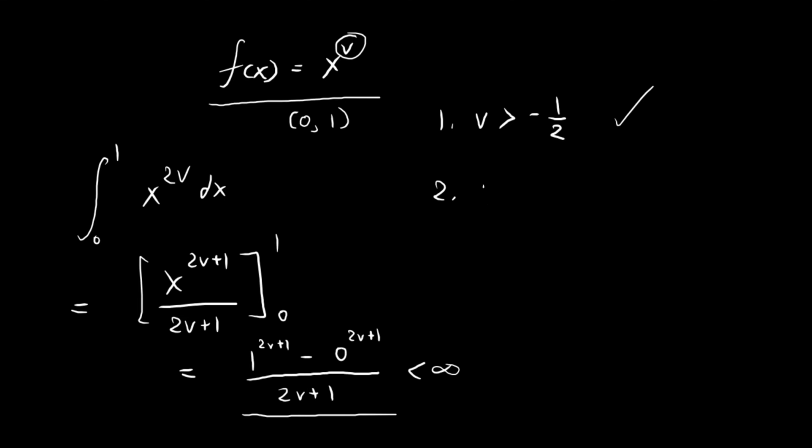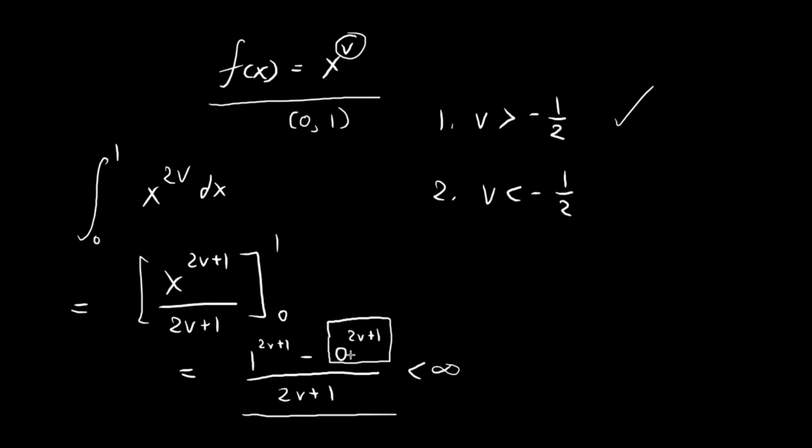Now a second case is when v is smaller than negative 1/2. If you check out the cases when v is smaller than negative 1/2, you can see that you will have trouble with this expression over here. Let's say v is some negative number, let's say negative 2, which is of course smaller than negative 1/2. You're going to get 0 to the power of 2 times negative 2, so negative 4 plus 1, so 0 to the power of negative 3.